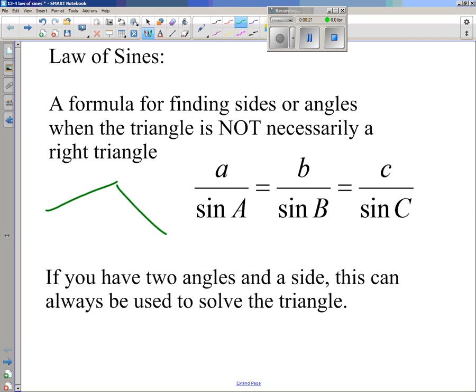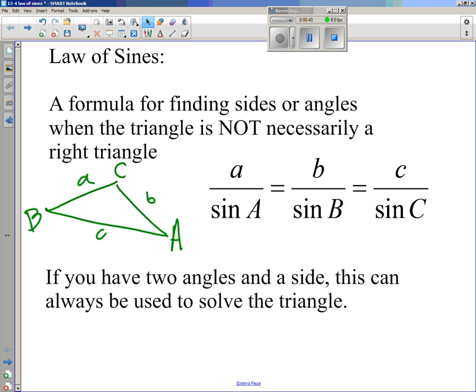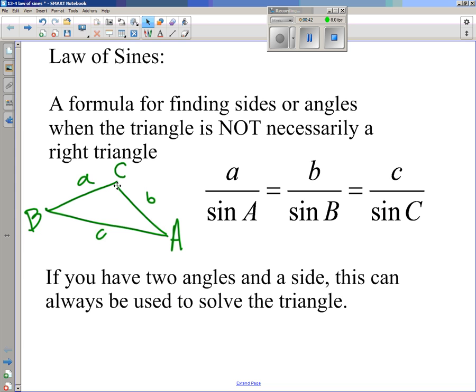Well, not no matter what necessarily, but if we have A, big A, little b, big B, big C, and little c, it's always the same setup. It's kind of standard. Then this relationship here is true. These fractions are all equal to each other.